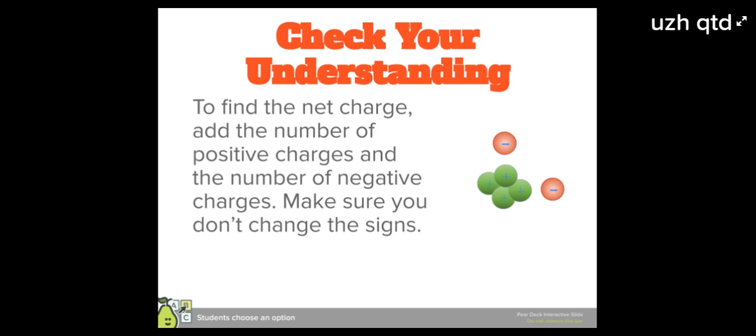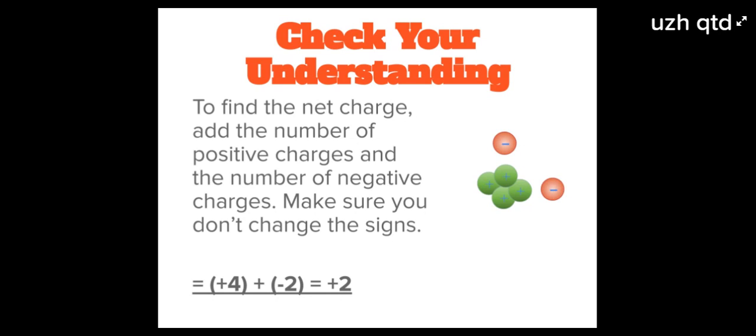Great. So what you should have gotten here was that this atom has a net charge of positive 2 because it has 2 more protons than it does electrons. You're just going to add the number of protons, that positive 4, to the number of electrons, the negative 2, and you should get a positive 2. Excellent.